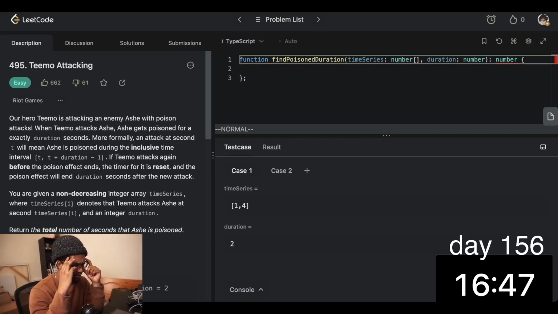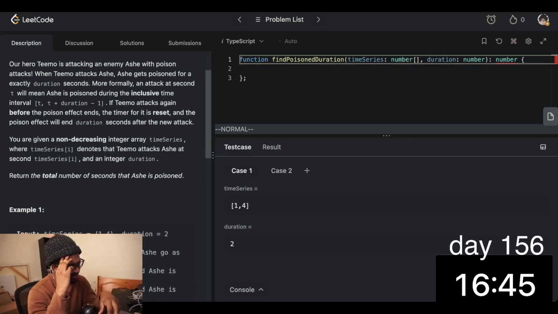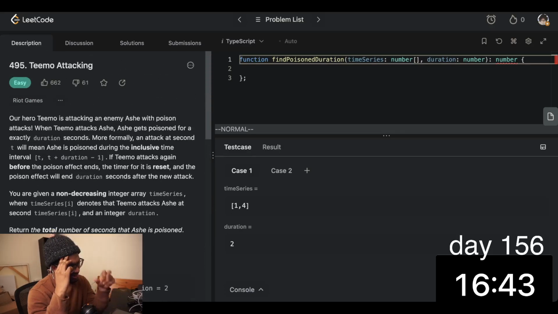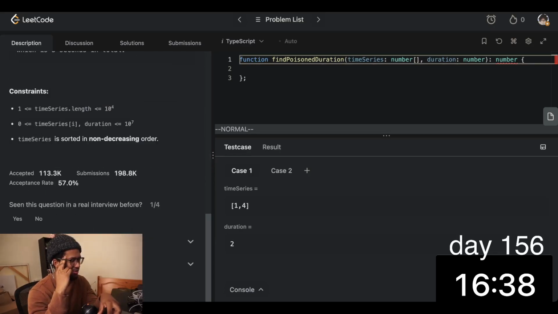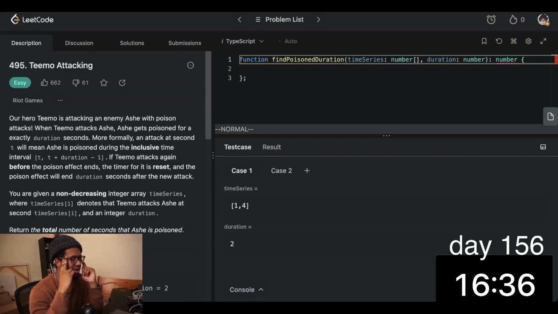Our hero Teemo's attack. This is a League of Legends problem. I can already tell this sounds like math. Our hero Teemo is attacking an enemy Ashe with poison attacks. When Teemo attacks Ashe, Ashe gets poisoned for exactly duration seconds.